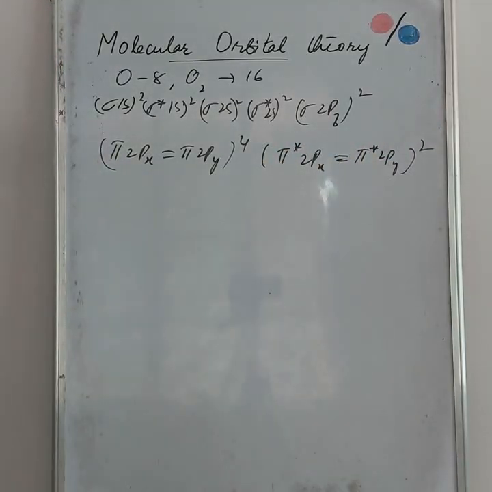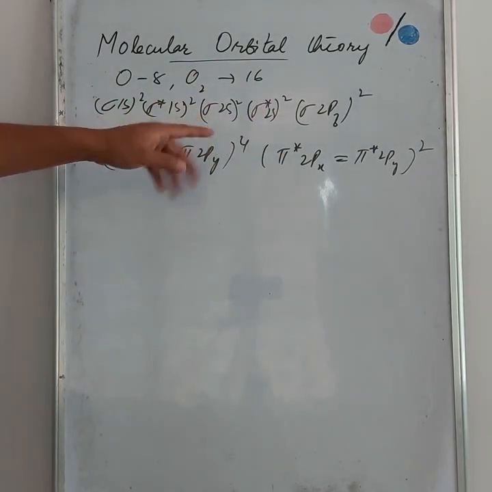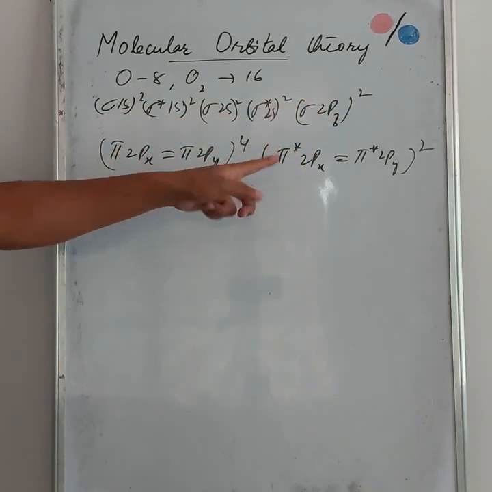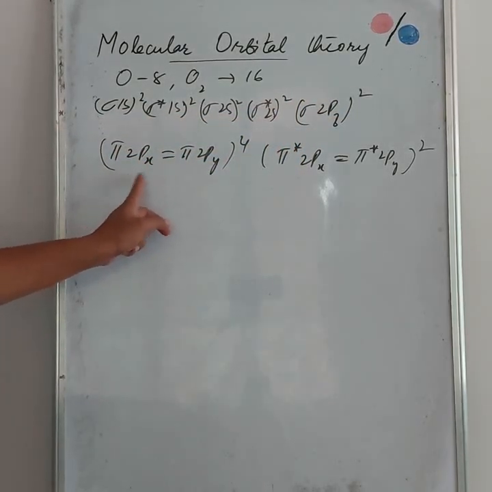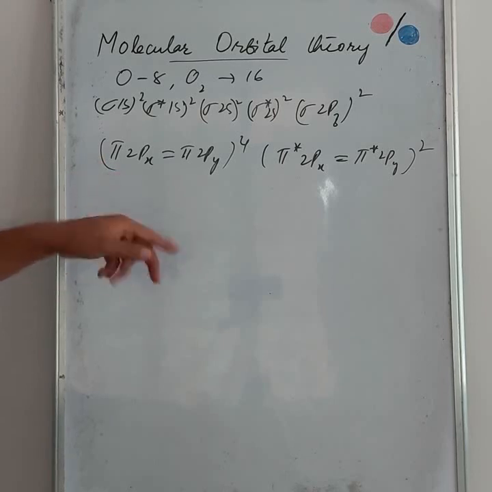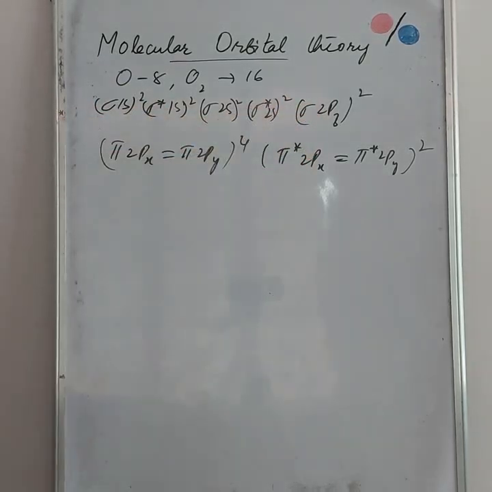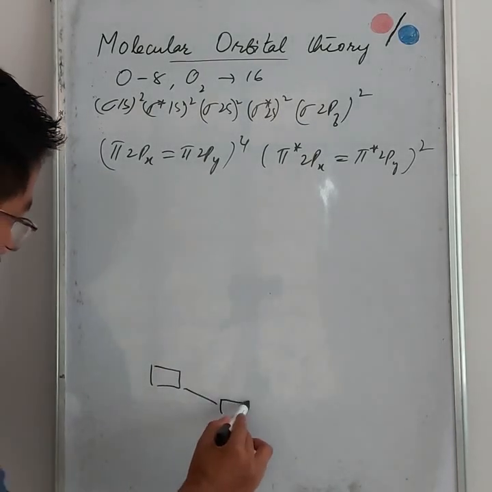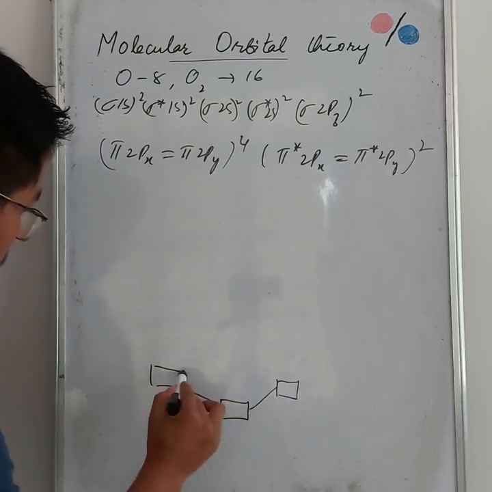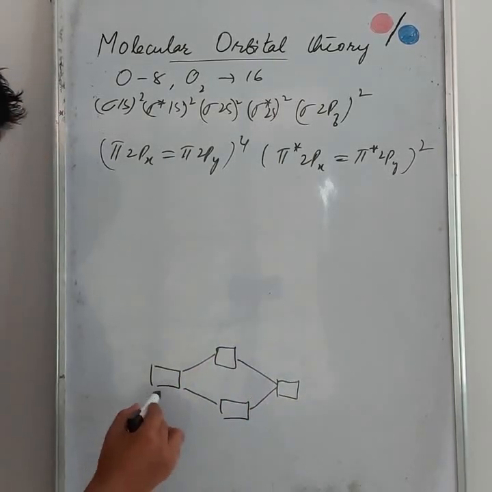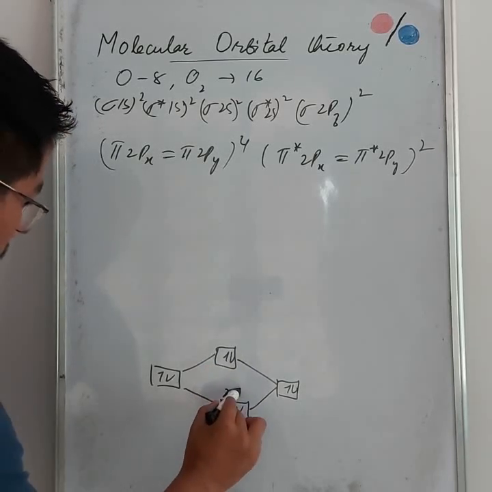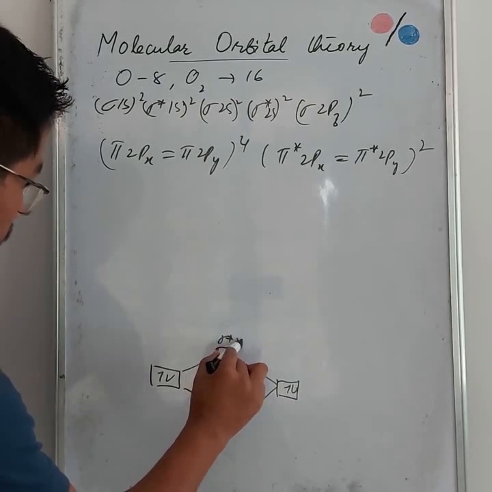Now, as you'll see, in the nitrogen type of molecule, this 2pz orbital had a higher energy than the pi 2px and 2py. But in the case of oxygen, it has a lower energy. So this is for 2s, 4 electrons in there, sigma 2s, sigma star 2s.